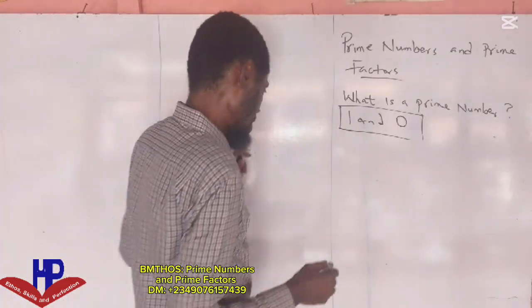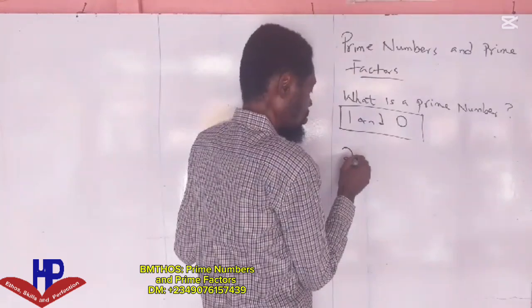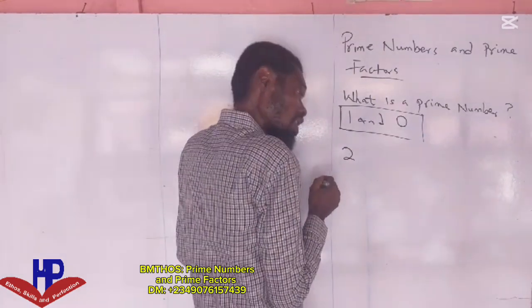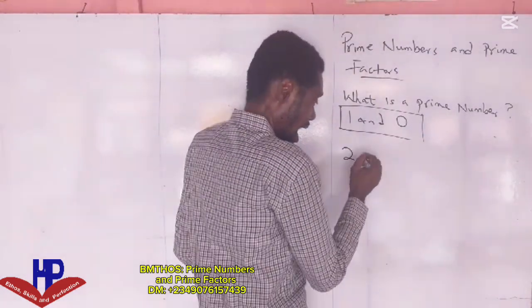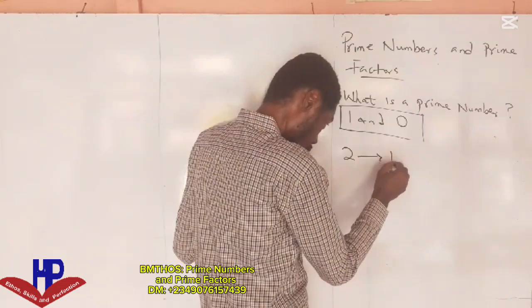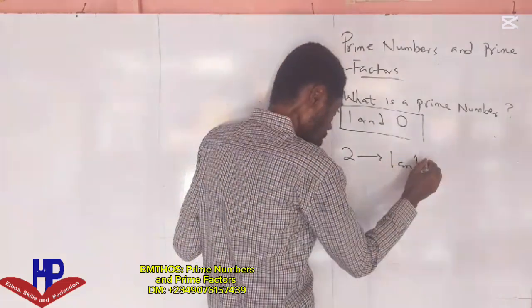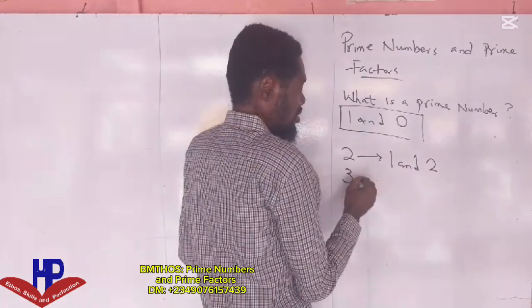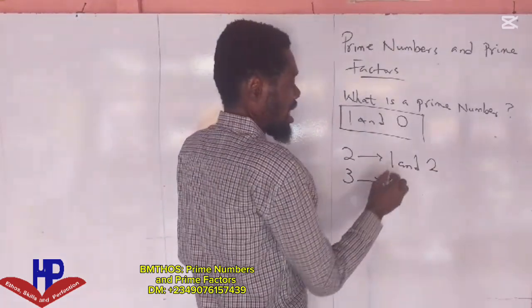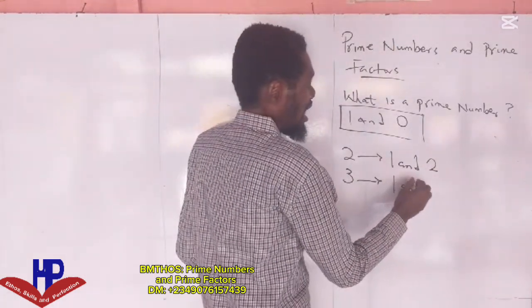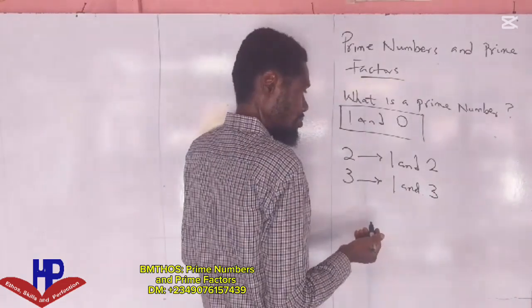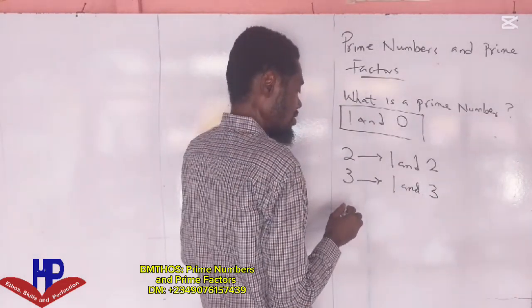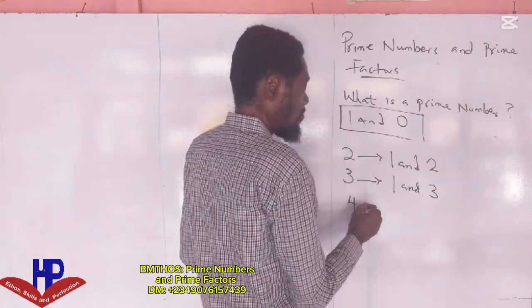So let's see, 2. The only numbers that can divide 2 are 1 and 2. Let's see, 3. The only numbers that can divide 3 are 1 and 3. Let's see, 4.